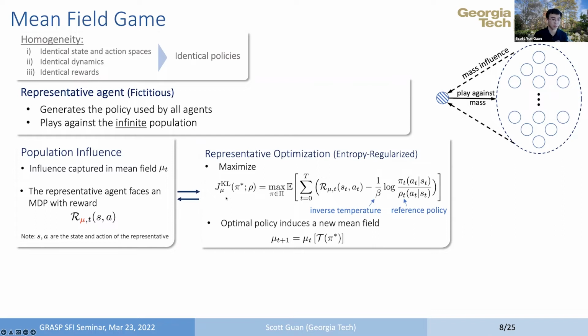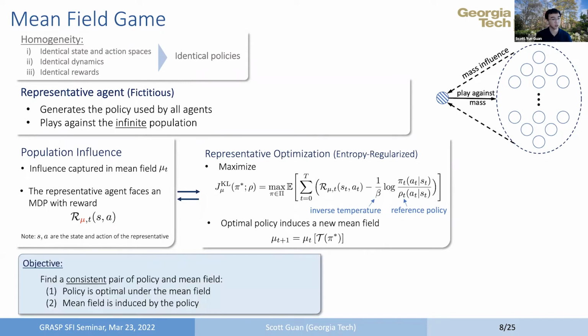So you start with a mean field, you get an optimal policy under that mean field. And then from that optimal policy, you induce a new mean field. And then now you have to re-optimize again. So the objective here is to find a consistent pair of policy and mean field such that the policy is optimal under the mean field and the mean field is also induced by this optimal policy.